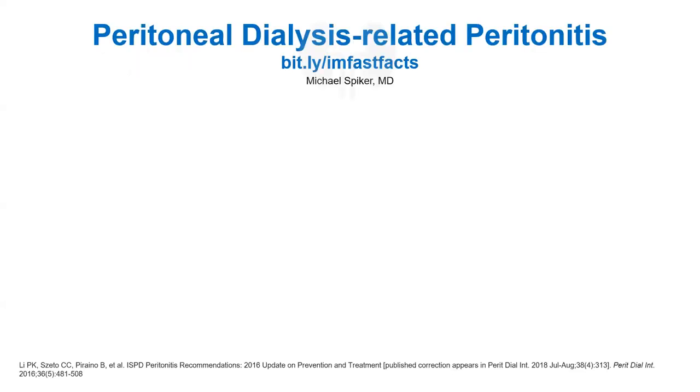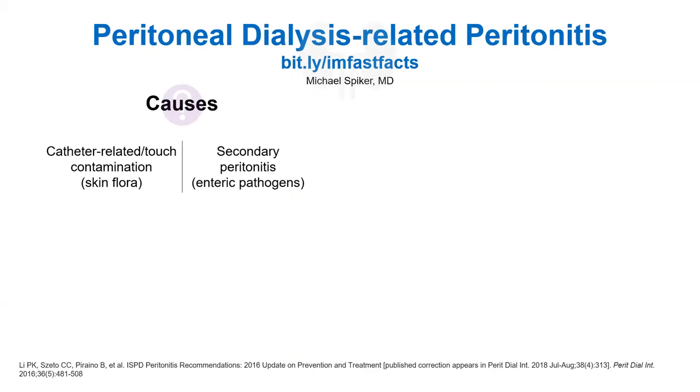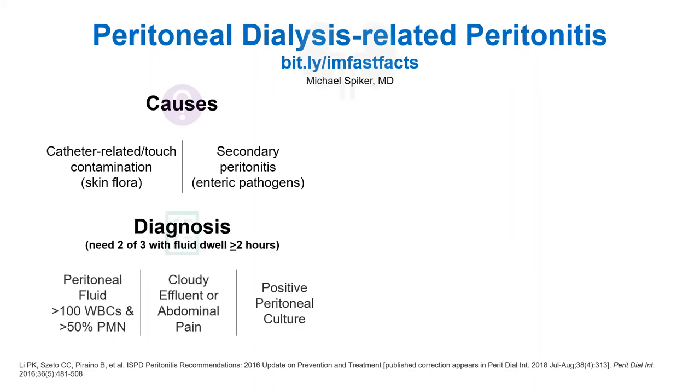So going through the high points, for causes, we're talking about catheter-related or touch contamination with skin flora, or secondary peritonitis for enteric pathogens. The diagnosis is different than SBP, so 2 of 3 with at least a fluid dwell of 2 hours. So the lower fluid peritoneal count of 100 white cells, cloudy effluent or abdominal pain, or a positive culture, 2 of those 3.